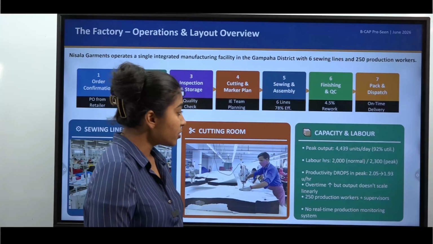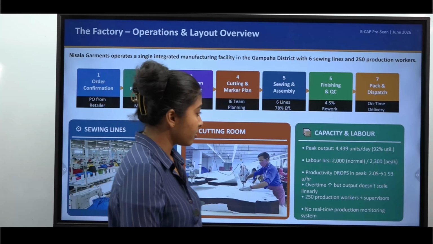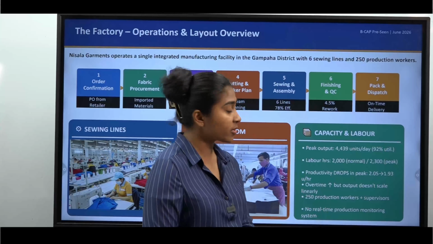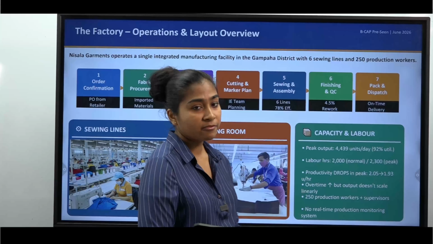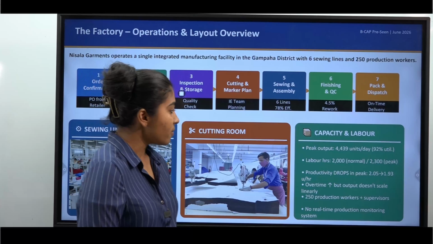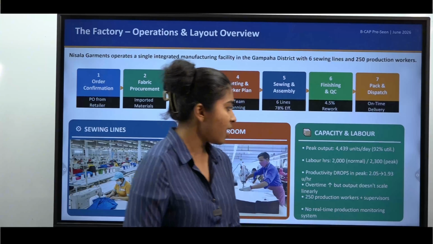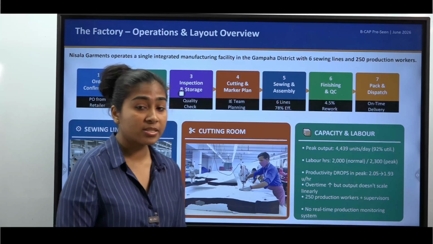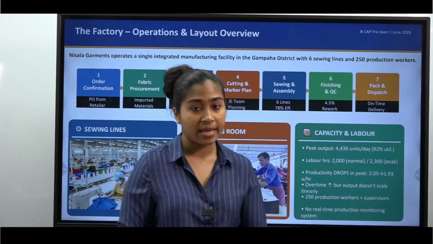So usually on a normal day ඒගොල්ලෝ කියනවා Nisala Garments වල peak output එක about 4,439 units, and also normal labor hours about 2,000, and ඒගොල්ලෝ overtime ගියොත් 2,300 වගේ labor hours.